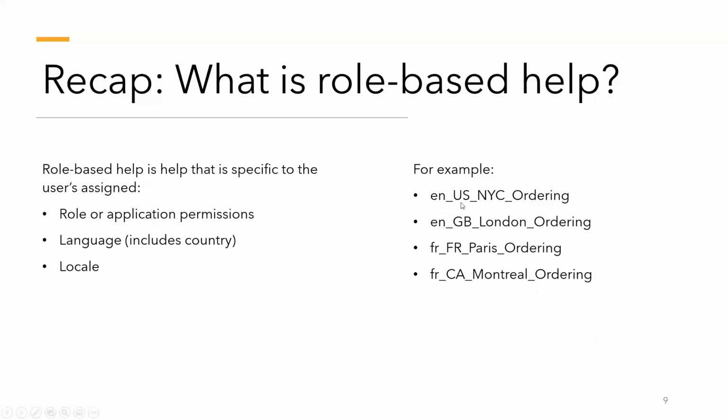So right here we have EN, US, NYC, and the role is ordering. And we have 4 different help targets right here. So just remember that language-based help is typically going to be handled by translation. So you're going to be concerned primarily with figuring out your user roles and locales.